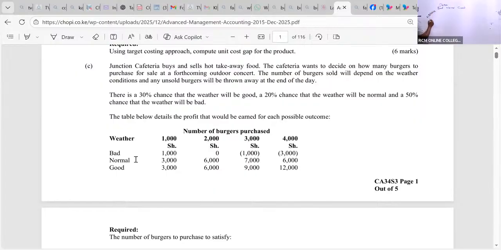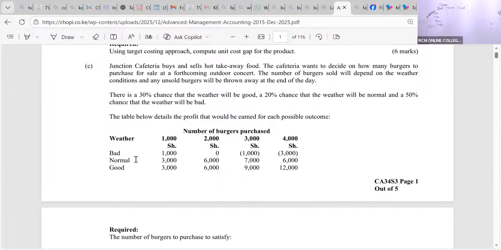The alternatives are 1,000, 2,000, 3,000, and then lastly, 4,000. Don't forget that we are transposing this.